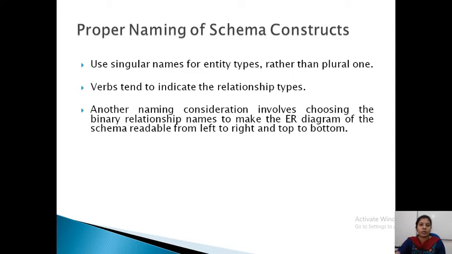If it is a verb, then it will be mapped to a relationship type. Another naming consideration involves choosing the binary relationship names, which makes the ER diagram of the schema readable from left to right and top to bottom. These are the conventions we are using.